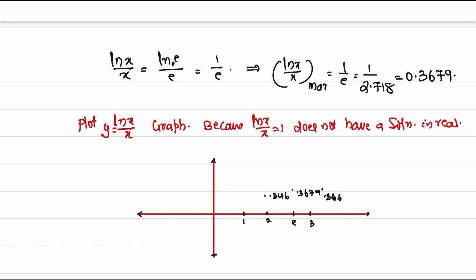My drawing is not up to the scale. Don't worry about the drawing. You please understand the concept. After e, it starts reducing like this.